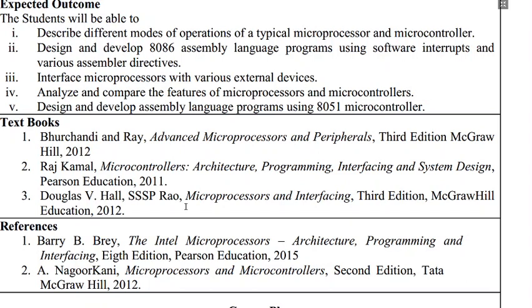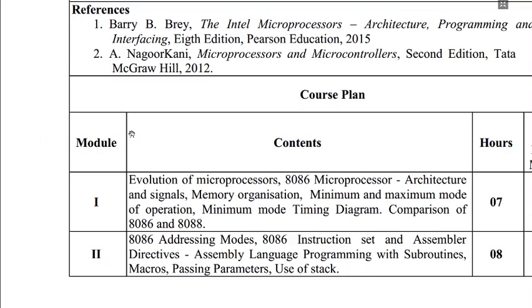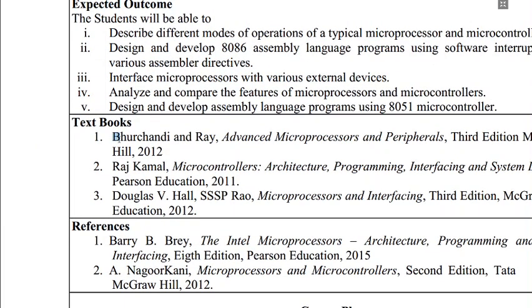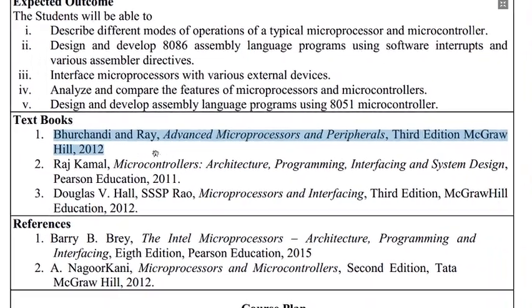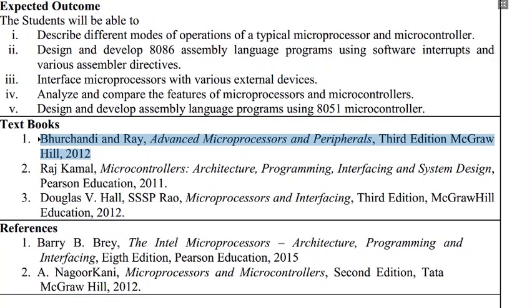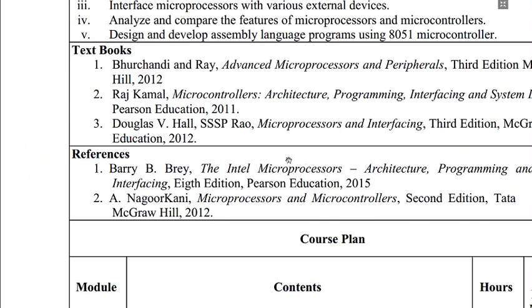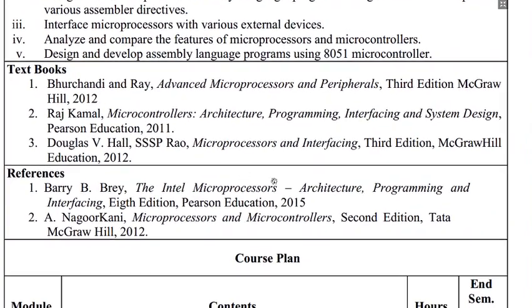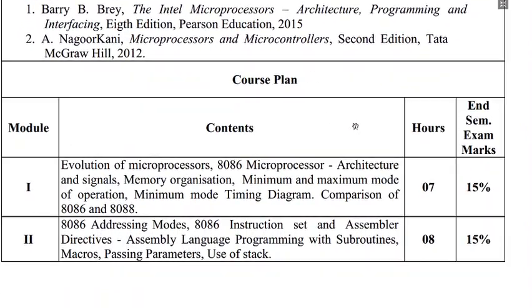Then from the application perspective, if you need to know how these are put into use, you can read Microcontrollers: Architecture, Programming, Interfacing and System Design by Raj Kamal. All of you should definitely have read the first textbook mentioned in your textbook section, and the others are optional and may be used for assignments and tests.